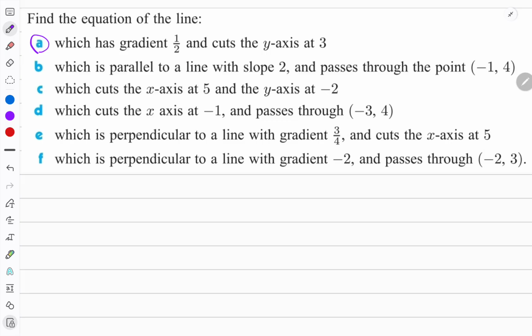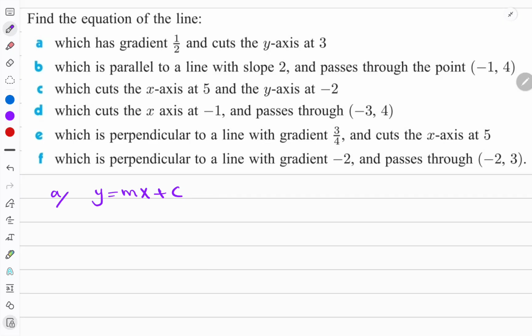Okay, for solving part A, because we have gradient and we have y-intercept, in fact, we can use this equation, y equals mx plus c. In this form, m is the gradient of the line and c is y-intercept.